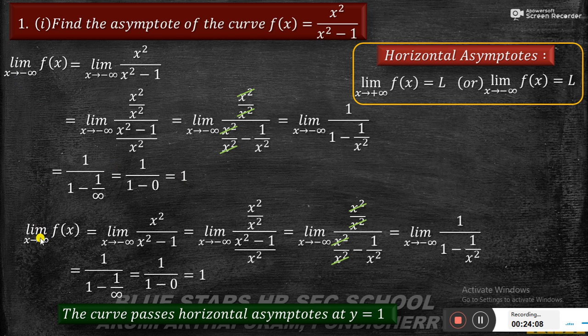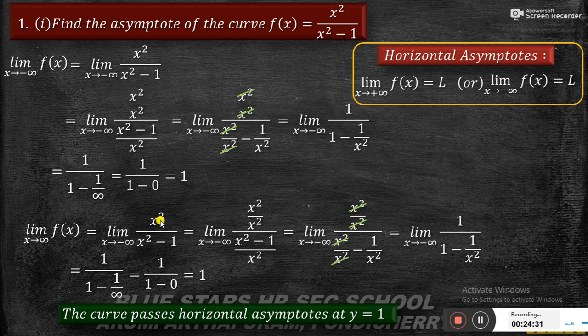That is for minus infinity. Next I substitute plus infinity. The limit as x tends to infinity of f of x, where I substitute plus infinity. So x square by x square minus 1, the limit as x tends to infinity, again I take the numerator and multiply and divide by x square.